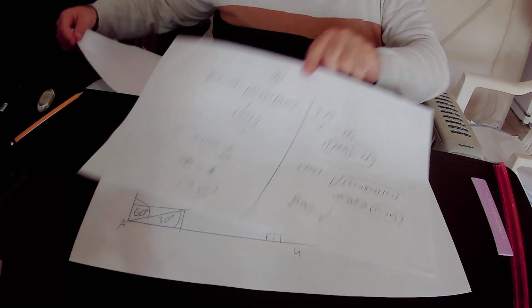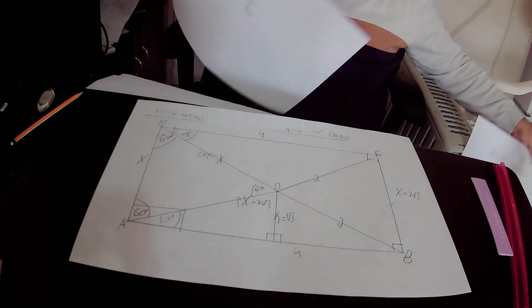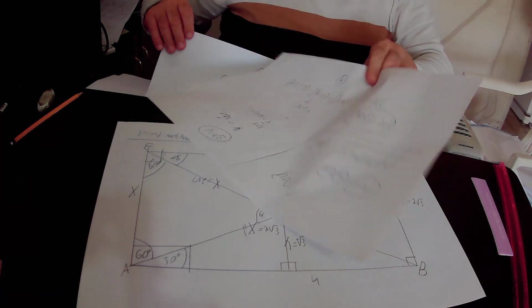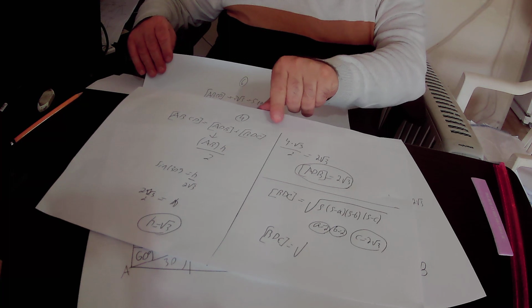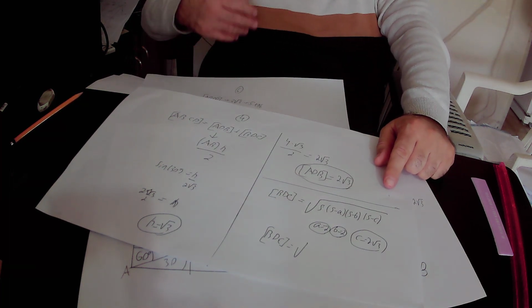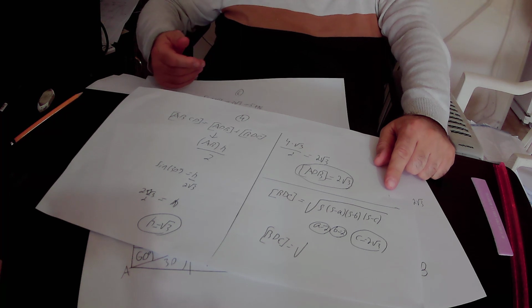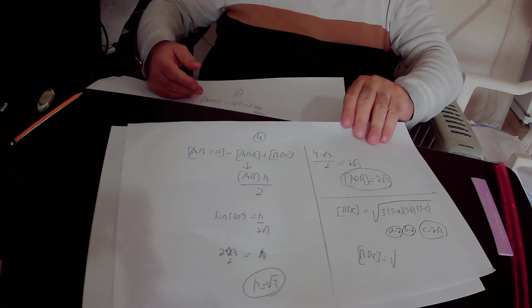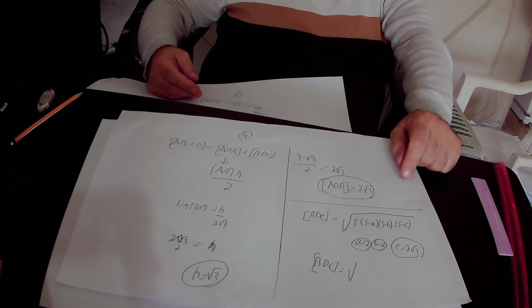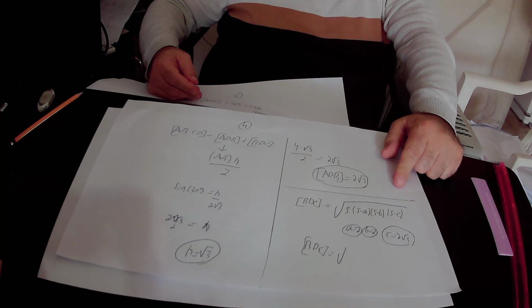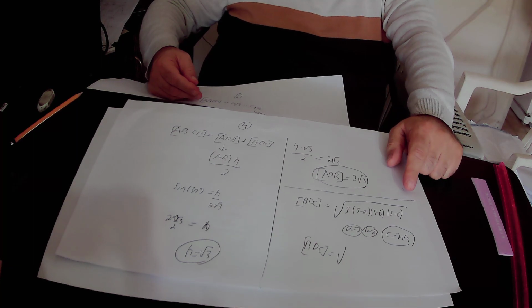And again, S is the semi-perimeter of triangle BDC, that is the perimeter over 2, which equals A plus B plus C over 2.